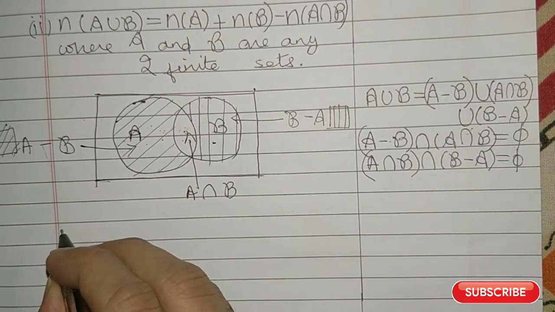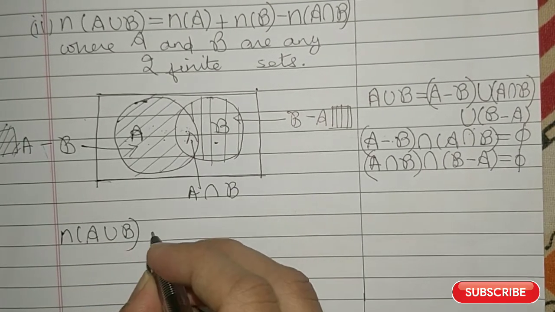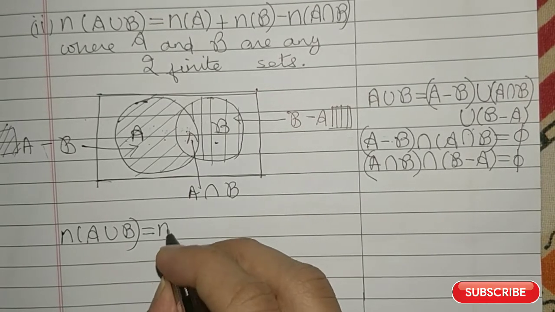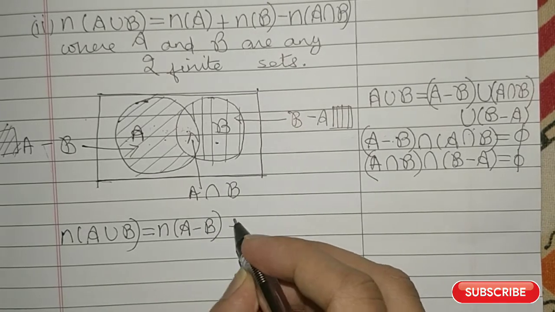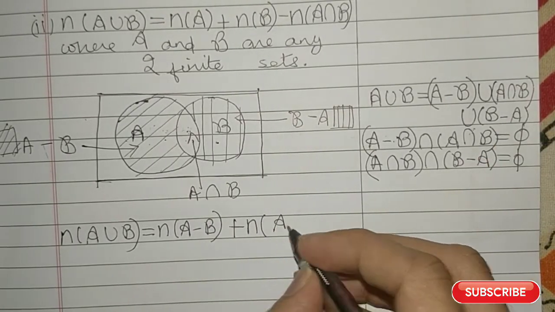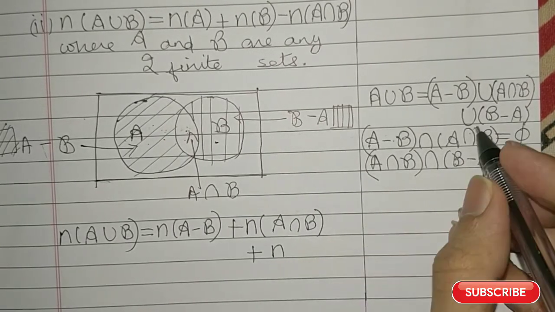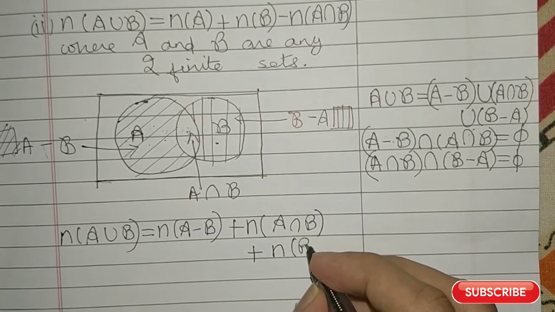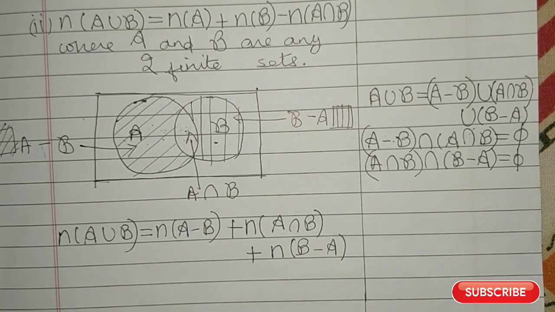So if you look at the number of elements in A union B, it will be equal to what? The number of elements in A minus B, plus the number of elements in A intersection B, plus the number of elements in B minus A. So this you have.